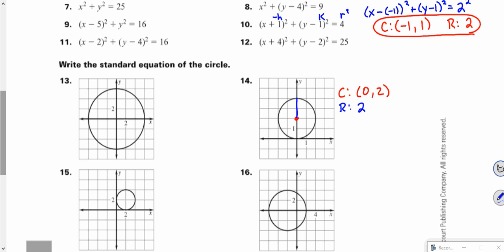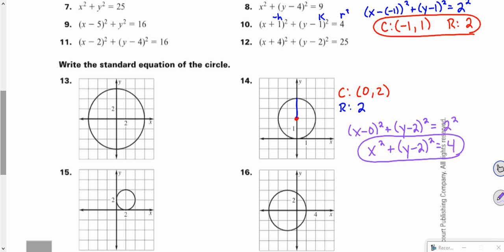So my equation would be (x - 0)^2 + (y - 2)^2 = 2^2. So this is x^2 + (y - 2)^2 = 4. This would be the standard equation of my circle. Hope that makes sense.